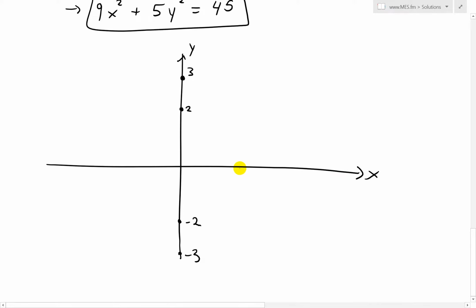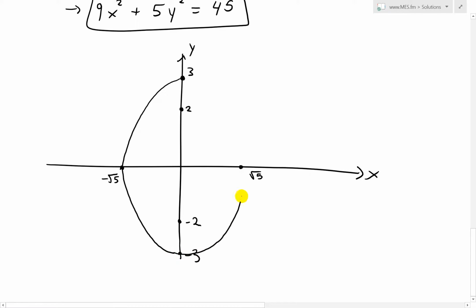So it should be something like this. If this is square root 5, and on the other side, negative square root 5, like that. And then I'll just move this over here, because then we'll draw it, square root 5, like that. And then let's start drawing it.